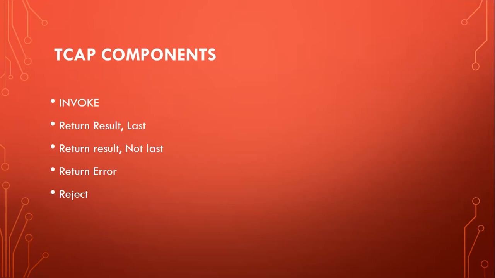And the return result not last is used to send a not final response to an invoke. The return error component is used to detect an error. In case processing of information was unsuccessful, a return error component is sent mentioning the error and the cause of that particular error. And then you have the reject TCAP component. It's used to send invalid operation. That is in case an invalid operation was invoked, this particular component is sent.